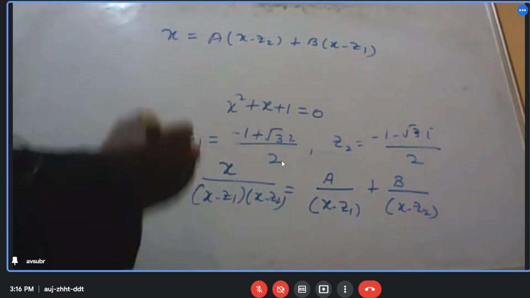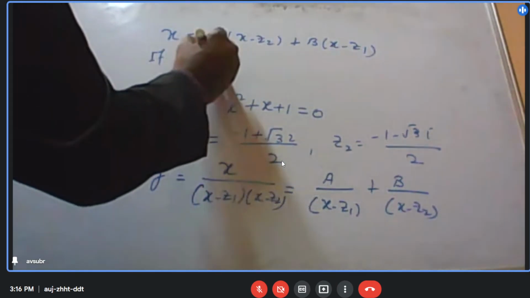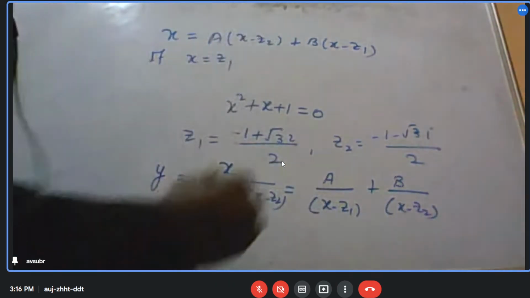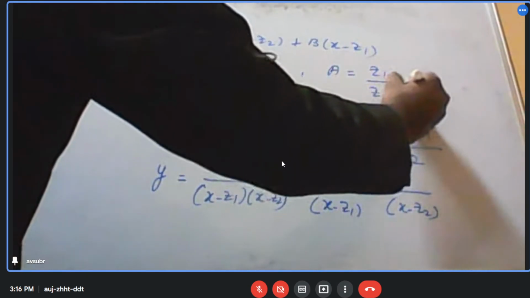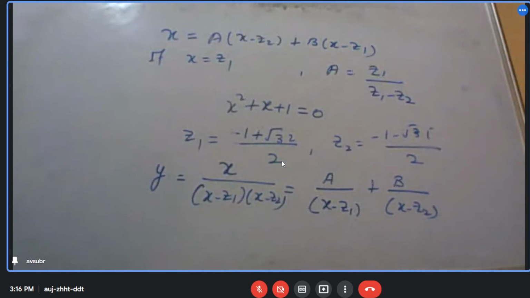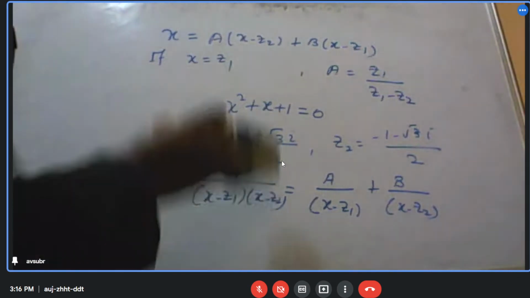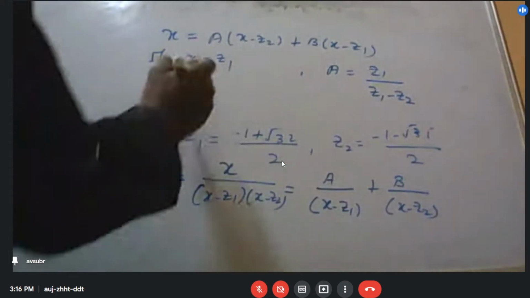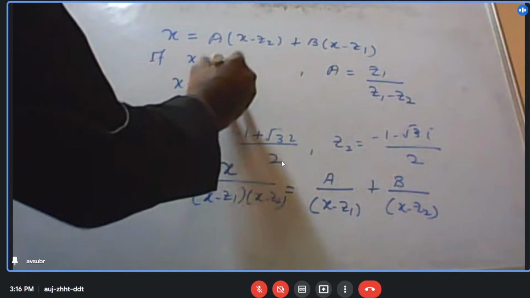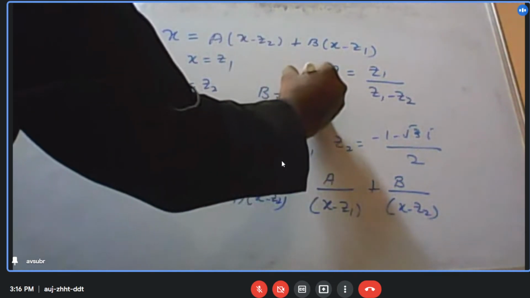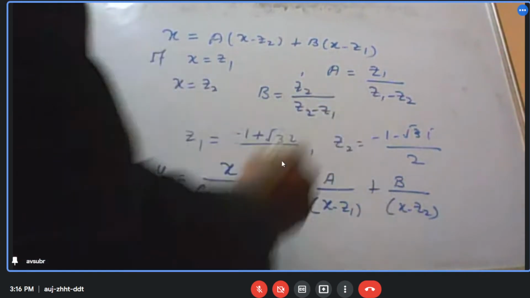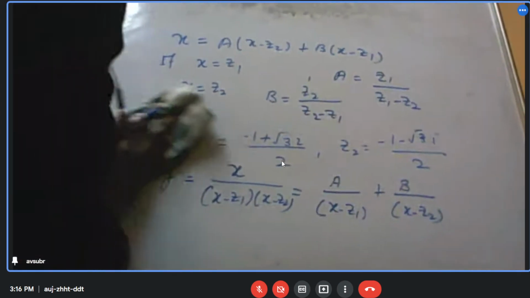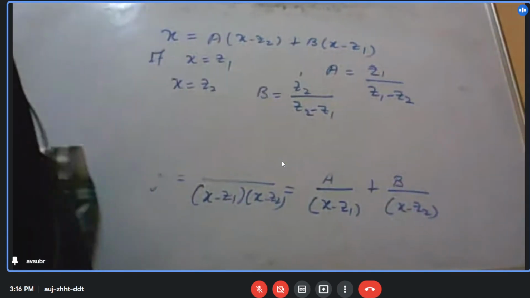So now, if I put x is equal to z1, then a will be equal to z1 by z1 minus z2. Okay? And if x is equal to z2, then b is equal to z2 by z2 minus z1. Is it okay?